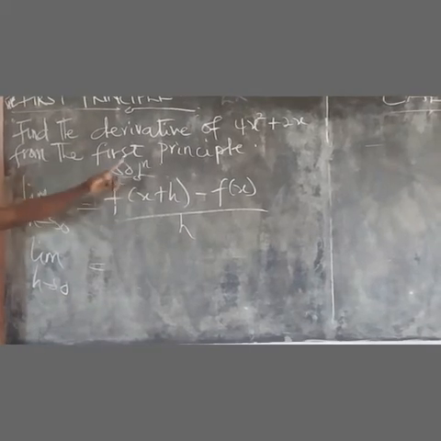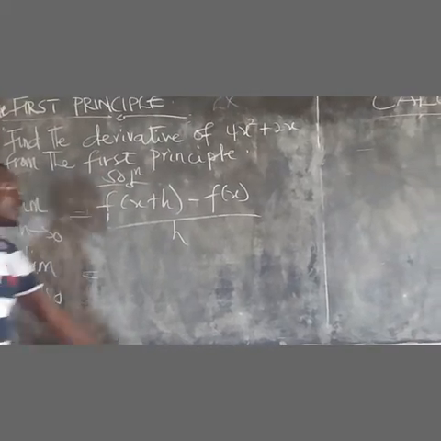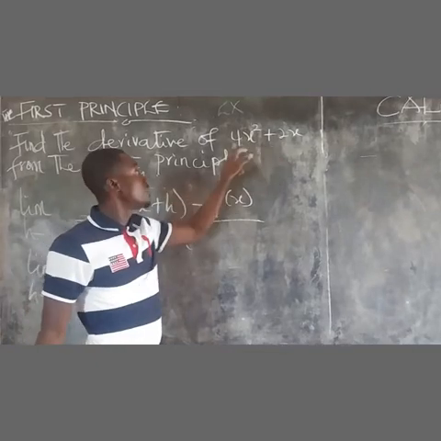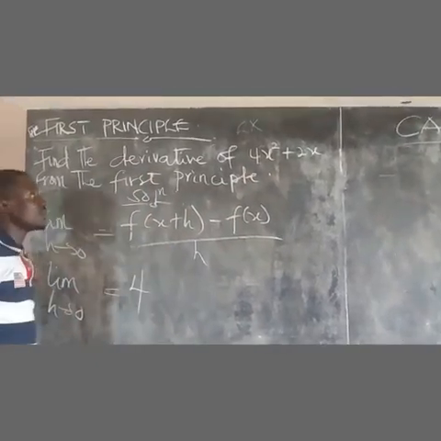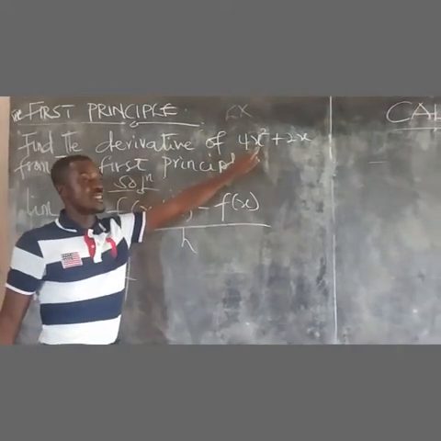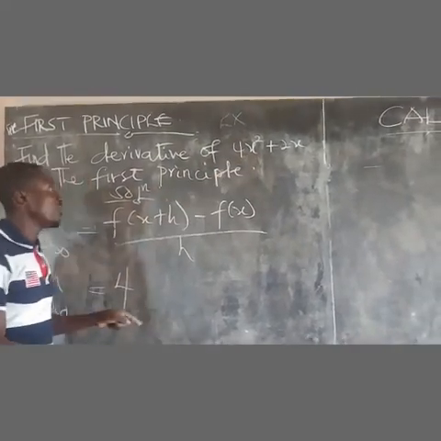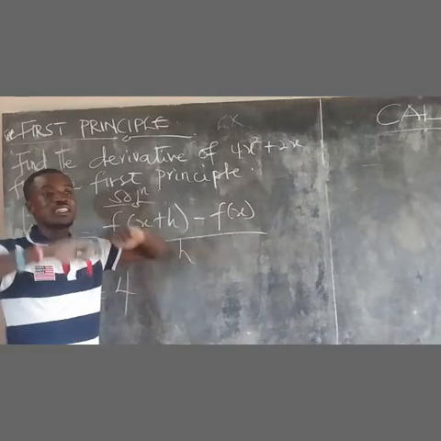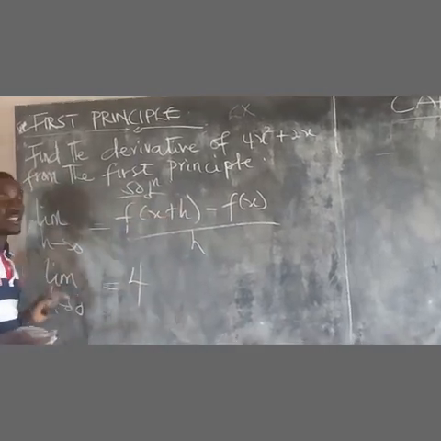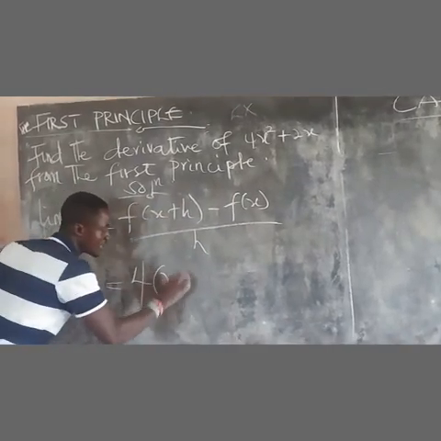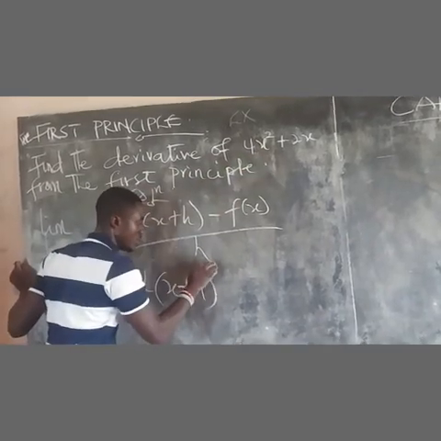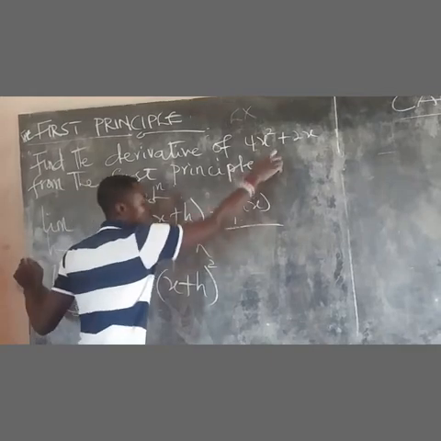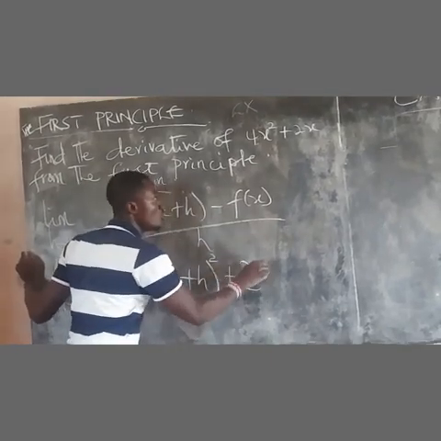Let's rewrite the function again. So we are writing this function: 4, write the 4. Don't write x, but when you see x, you write x plus h. So we have x plus h. There is a square up there, bring it. Squared plus 2x.